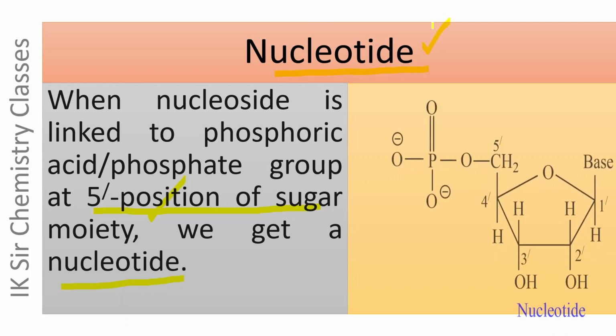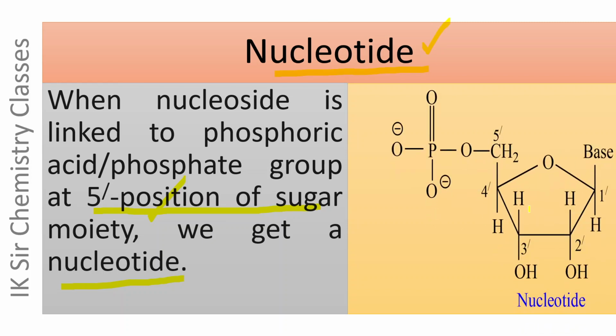An example of nucleotide is given here. It is a pentose sugar which is attached to base at 1' position and phosphate group at 5' position, and hence it is a nucleotide.